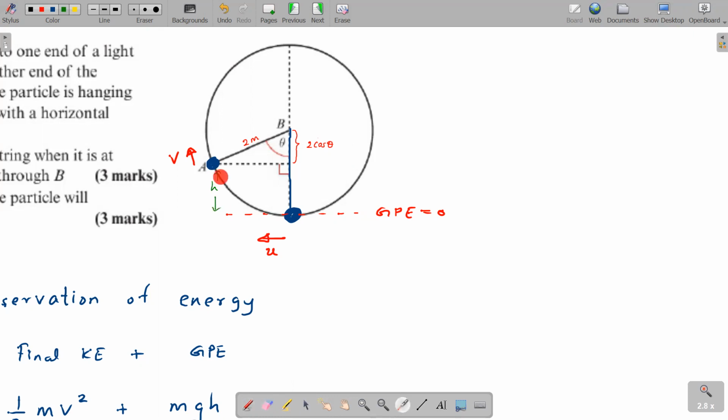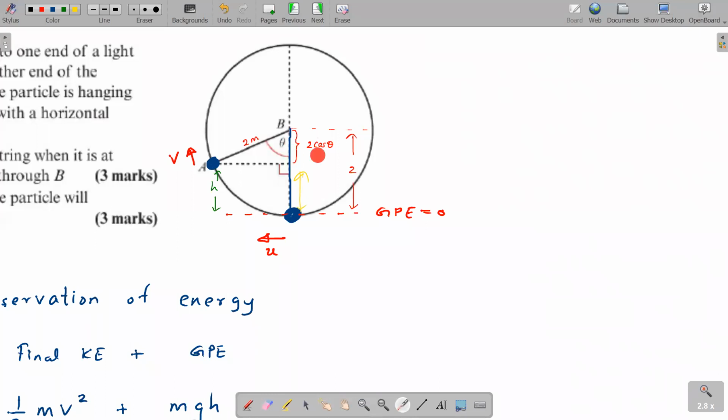The full length is 2, so from the complete radius 2, if you subtract the 2 cos theta, you get the height. So the height h is equal to radius 2 minus 2 cos theta. You need to subtract this length so that you get the remaining length. So the yellow length is from the 2 meters, you subtract the 2 cos theta.